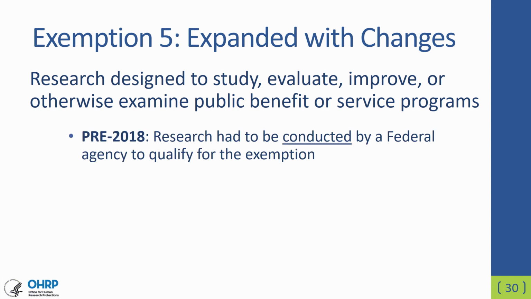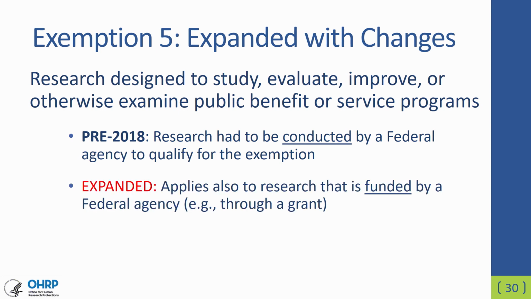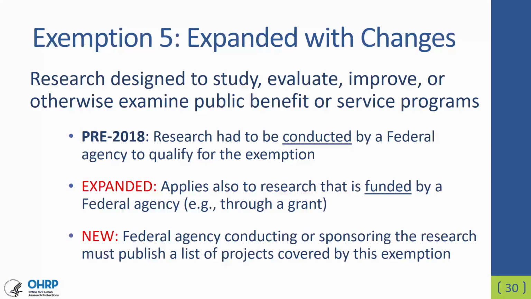In the Pre-2018 Common Rule, the research had to be conducted by a federal agency to qualify for exemption. This has been expanded to include research that is also funded by a federal agency, for example, through a grant mechanism. Also, there's a new requirement that the federal agency conducting or sponsoring the research has to publish a list of the projects that are covered by this exemption.